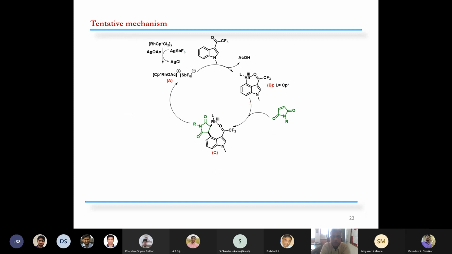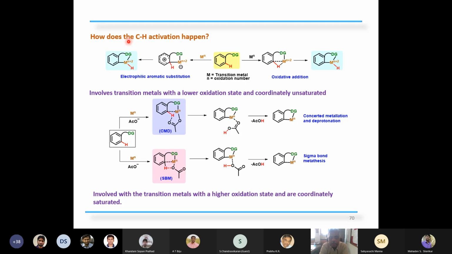Actually, the C-H activation step goes either through sigma bond metathesis or concerted metalation deprotonation. So the acetate or any basic ligand on this metal will abstract this proton. In this case, we can call it acetate-assisted C-H bond activation.